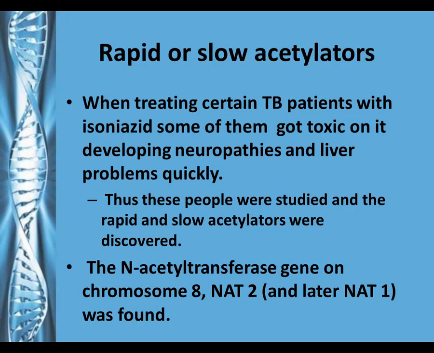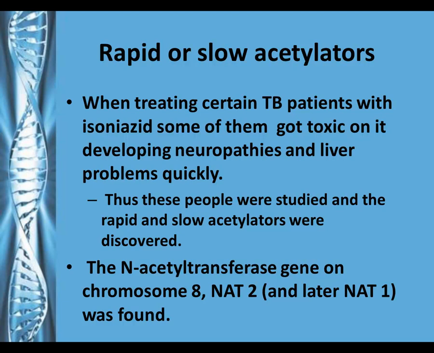So we look at rapid or slow acetylators, and how this came about is when TB patients were treated with isoniazid, it was noticed that some of them got toxic and developed neuropathies as well as liver problems more quickly.